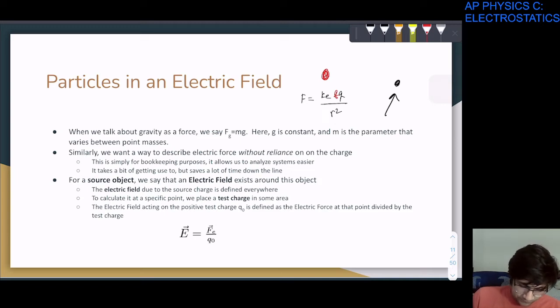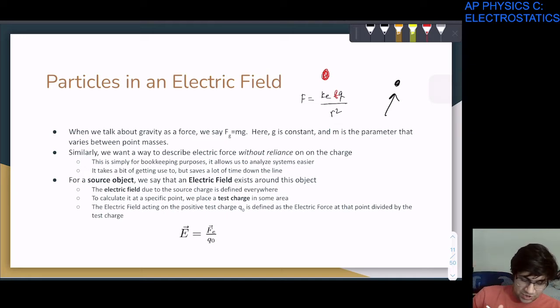So what we're going to do is have this notion of an electric field. For a source object, and this over here is our source object, we say that there's an electric field that exists around this object. The electric field is just saying that at this point over here, this is the value of the electric force, and at this point over here, this is the value of the electric force.